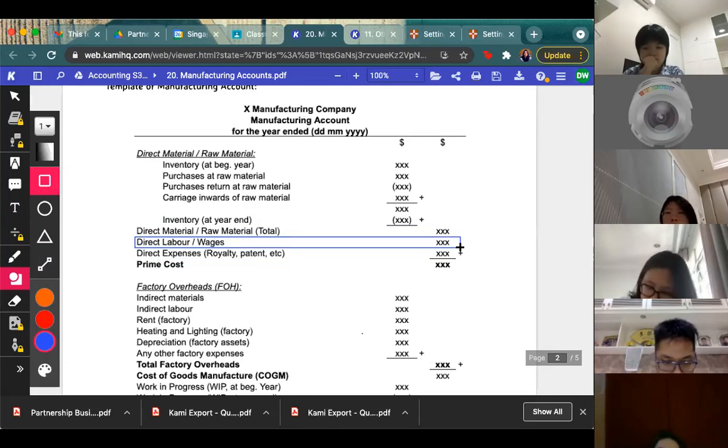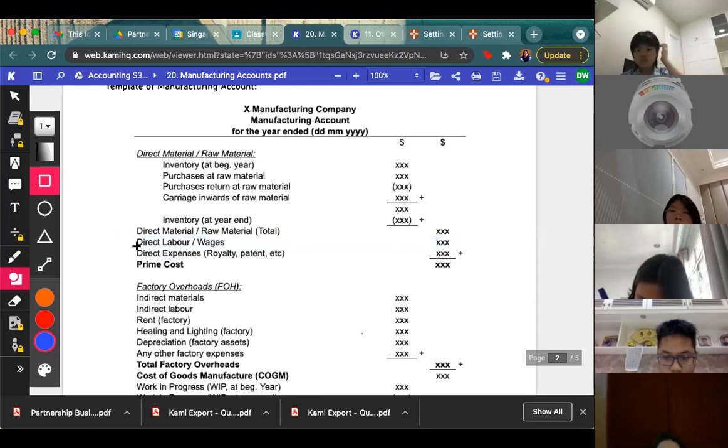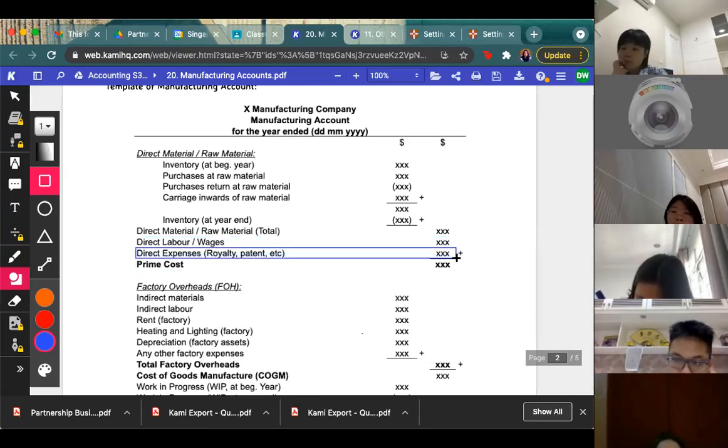So this is that expenses, that salaries. After you have direct labor, the next one is direct expense. If you have royalty, patent, or any other direct expenses. Direct expenses is not always there. Most probably it's not there, but if there is, then you have to add it.